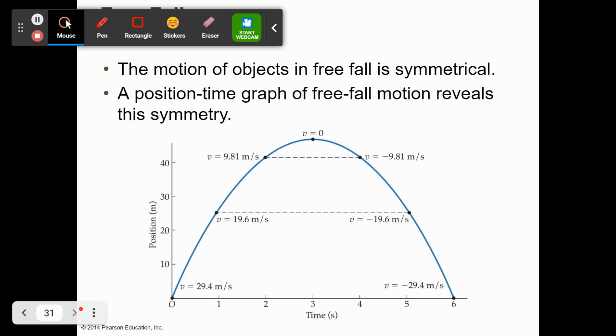I threw it up in the air. It rose to a certain point, and while it's going up in the air, it is accelerating 9.8 meters per second squared.